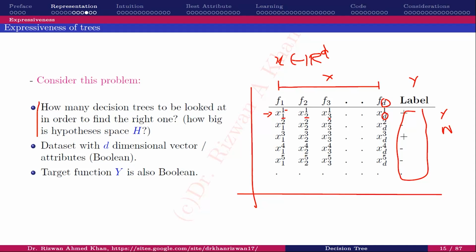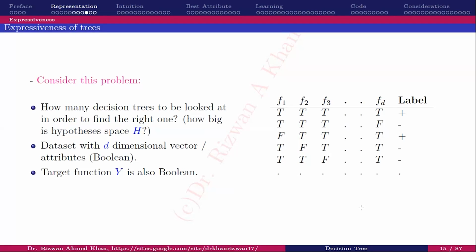To make it easy, the output is Boolean, and the input feature vector attributes are also Boolean. Now it is clear to you guys. This is our label, this is our data set. Each feature vector dimension or attribute has 2 possible values, true or false, and the label is also true or false. Now I want you guys to answer me: how many functions are there of a d dimension feature vector?